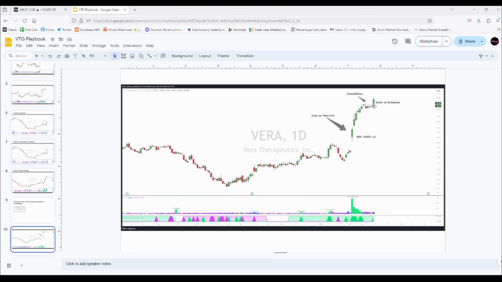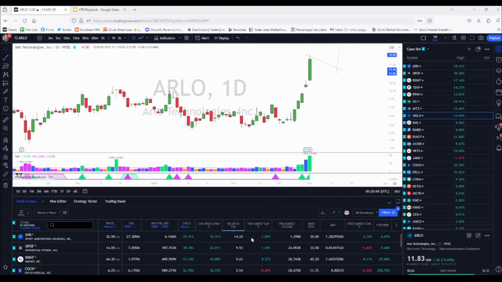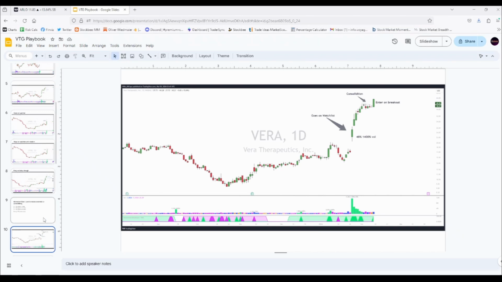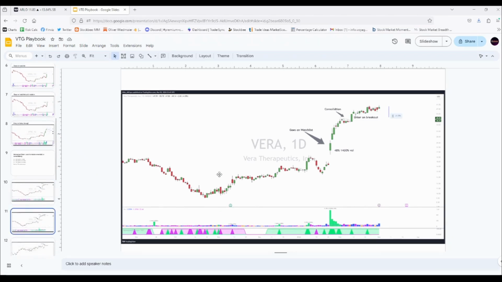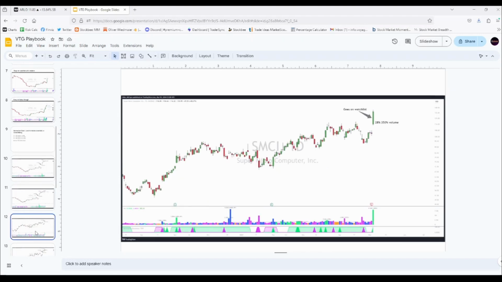Now this candle here would show up on that 4% breakout, right? Because this is on your watch list. Now it's breaking out, so it's going to show up on the breakout watch list, okay? That's what we want to do. It breaks out and makes 21% in a few days.